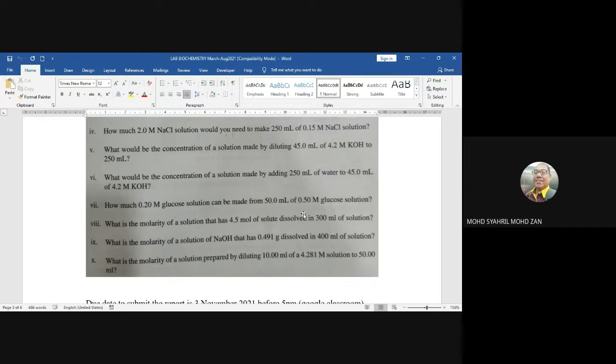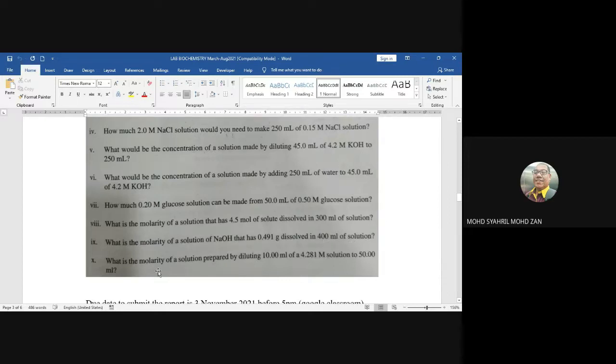So the rest of the questions, yang 3 bawah tu, you have to use another formula. It's about molarity. Number 1, what is the molarity of the solution that has 4.5 mole of solute dissolved in 100 ml of solution? Continue. What is the molarity of a solution of sodium hydroxide that has 0.491 gram dissolved in 400 ml of solution?